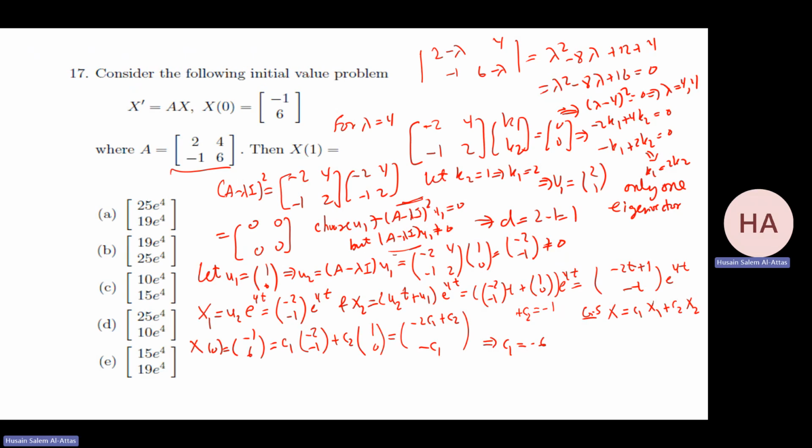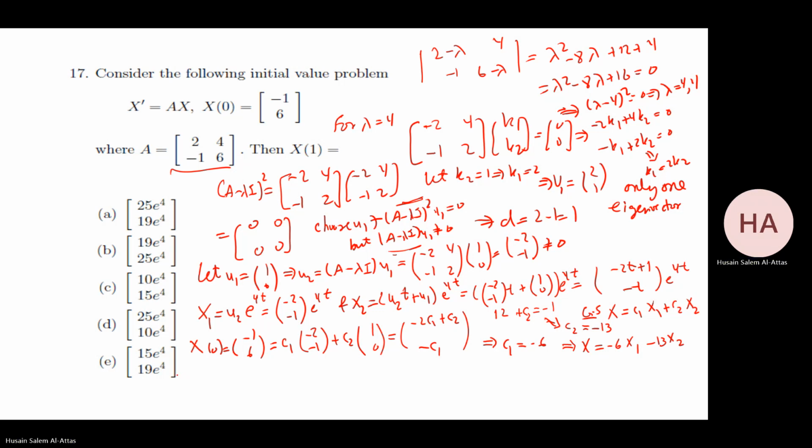Plus c2 equal to minus 1. So that implies c2 will be minus 13. Correct, yeah. So my solution will be minus 6 x1 minus 13 x2.